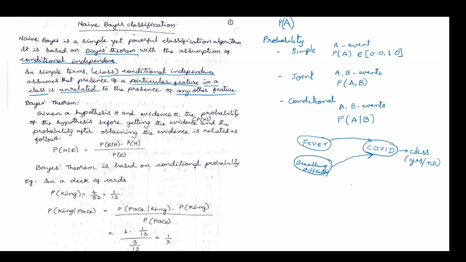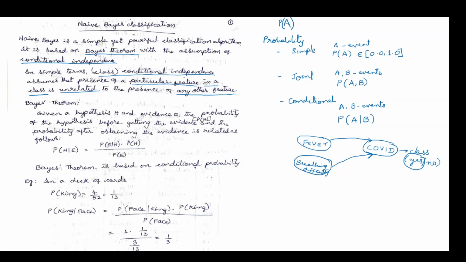Then class conditional independence says that for a given class label, it could be yes or no, the values of the feature fever would be independent of the values that the feature breathing difficulty takes. This assumption tends to simplify the Bayes theorem and forms the basis for naive Bayesian classification. We will discuss this further on in the worked example.